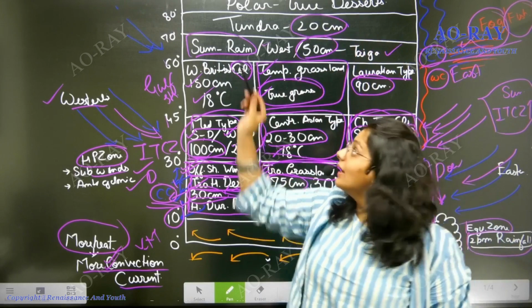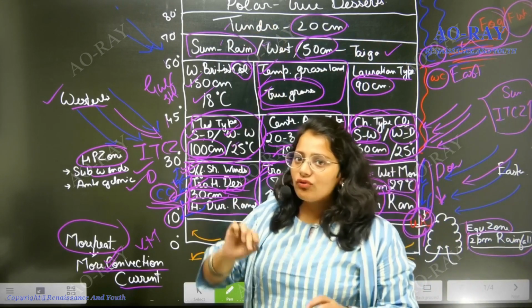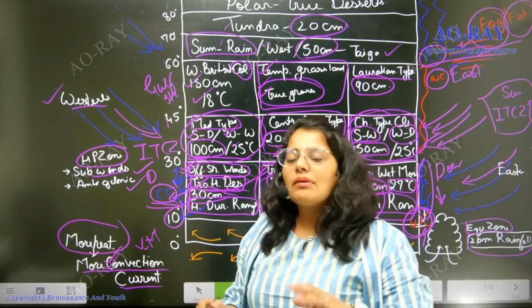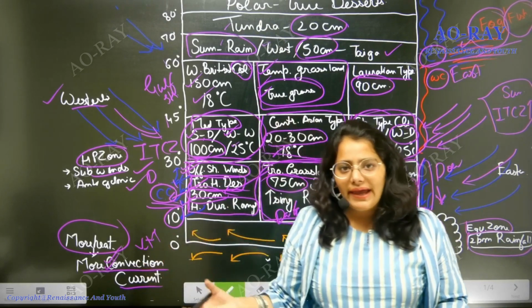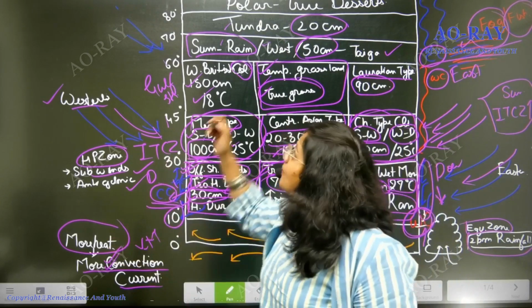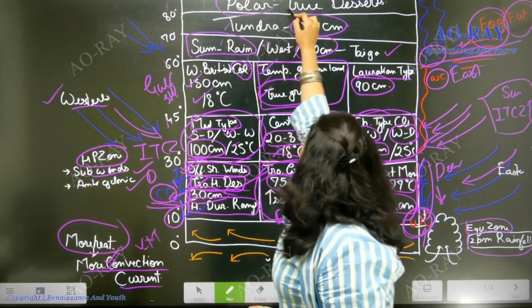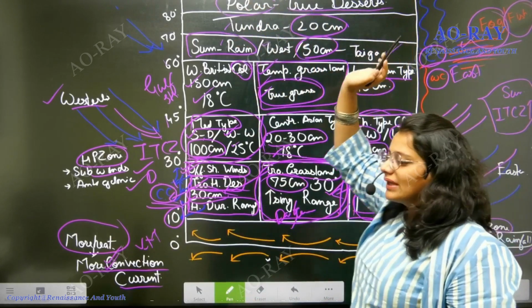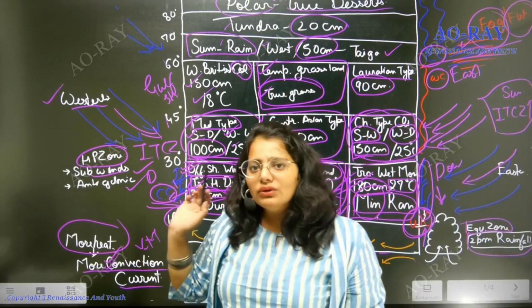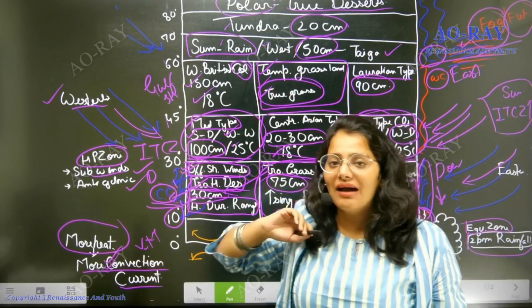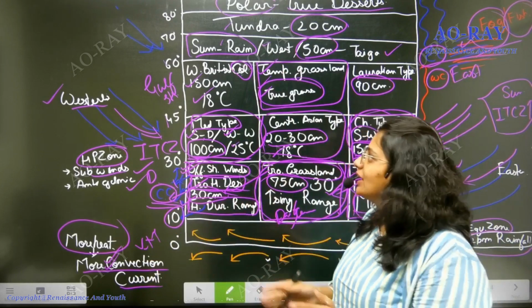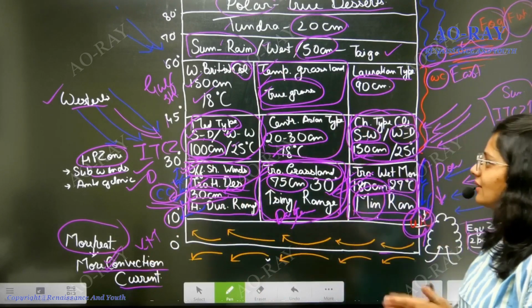When I am talking here about rainfall, it is not just rainfall, it may be precipitation in any form. That means snowfall, hail, drizzle, anything. In the polar true deserts, precipitation is almost zero. For so long they don't have any kind of precipitation, no vegetation, nothing.